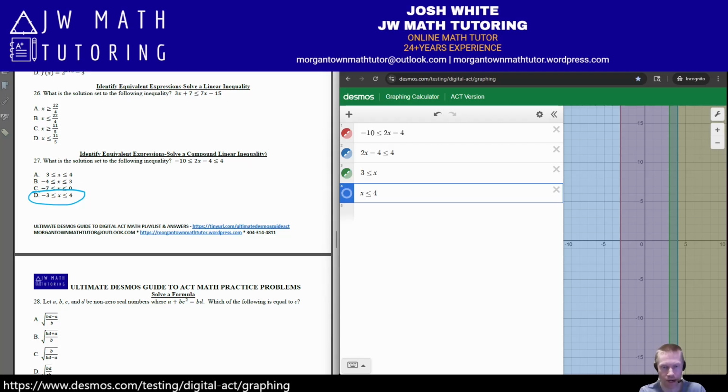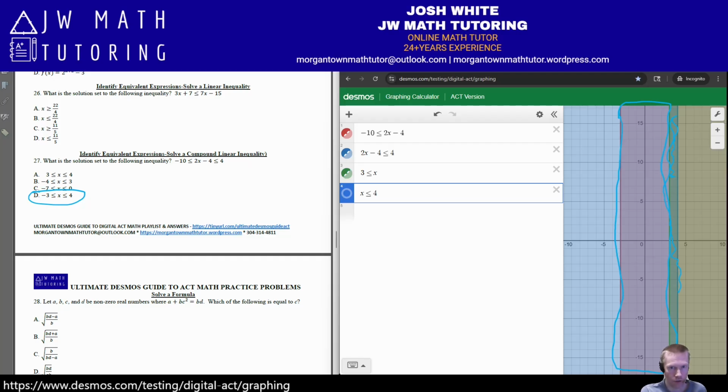Sorry, let me backtrack on that. Let me explain this better. The issue is that this whole region right here is not shaded or overlapped. This is overlapped in here, and this is correct. That's what we want. It's this region over here on the left that is shaded from the first inequality, but not the second.